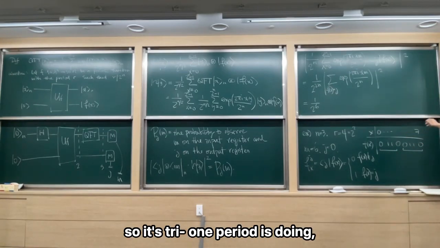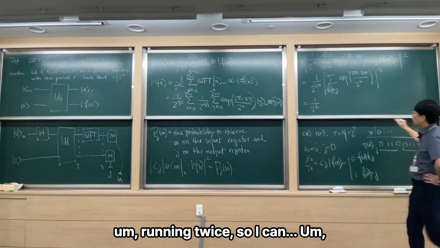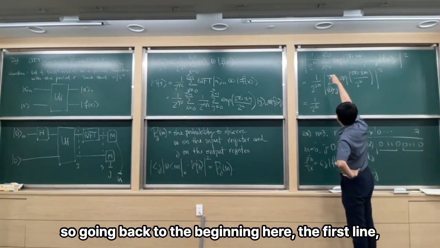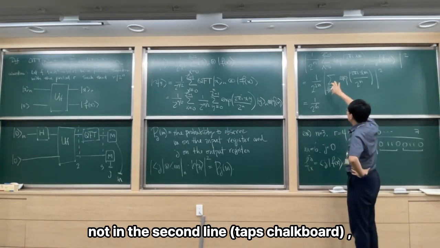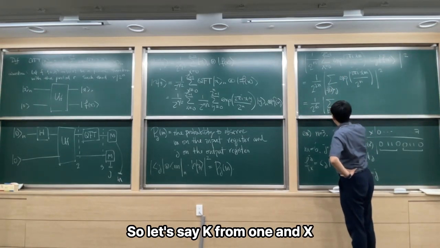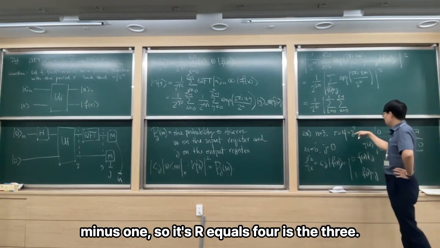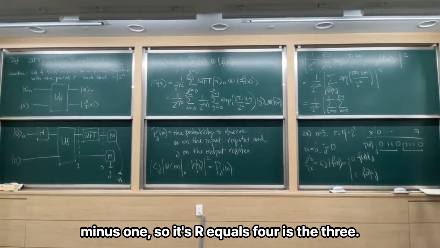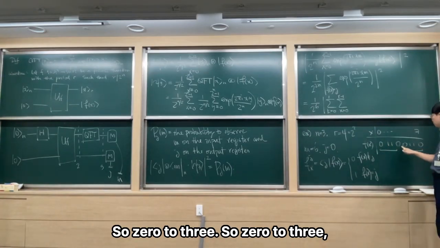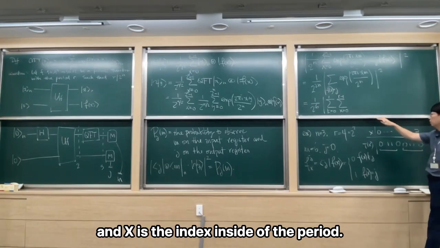So one period is running twice, so it goes back to the beginning, the first line, not the second line. So let's say k from 1, and x from 0 to r minus 1. With r equals 4, that's 0 to 3, 0 to 3, it's running twice. So k is the index of the period, and x is the index inside of the period.